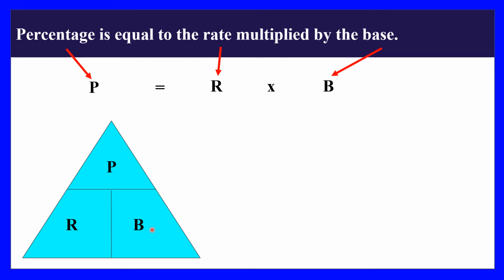If ever nawala yung P, ito isosolve mo, at dahil magkatabi sila, ibig sabihin lang nun, i-multiply mo. Two letters beside each other denotes multiplication.